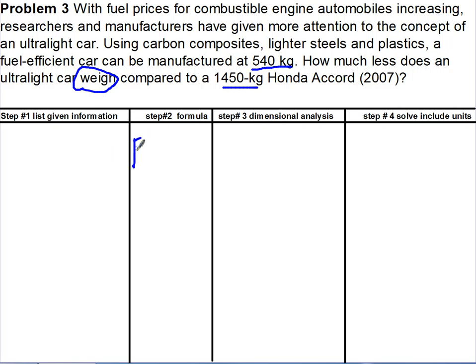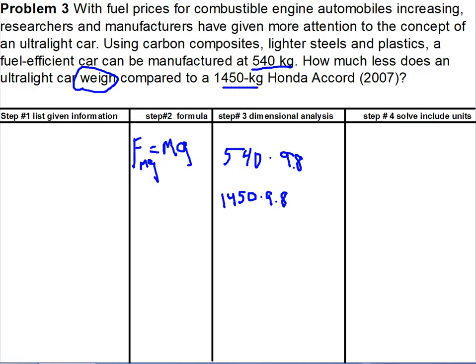Weight in newtons is FMG, force mass times gravity, mass times gravity. So in both of these cases we can do the 540 times 9.8 and then the 1440 and 50 times the 9.8, and that's going to give us the weight of both of these, and we can make our comparison.